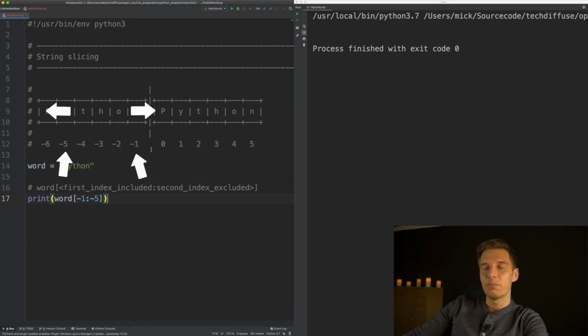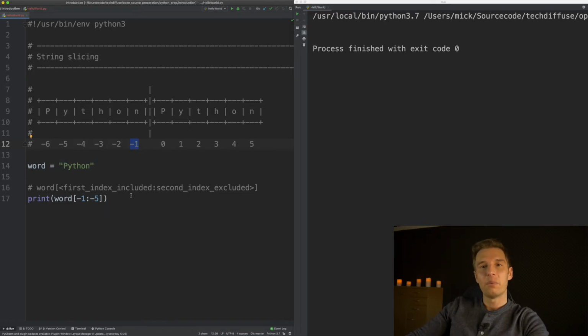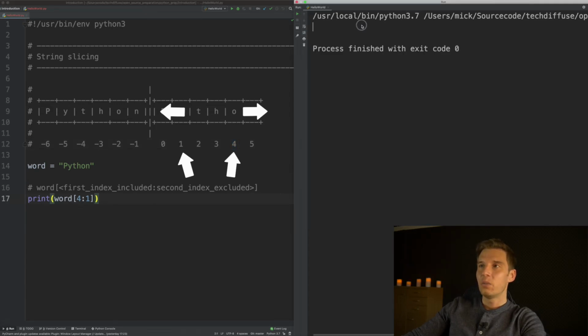And since this is not possible here, since -5 is more to the left on this line than the starting character, it doesn't make any sense. And this is also the reason why there's nothing printed out. And by the way, this is also the same with positive indices. So if we say we start by 4 and go to 1, we have the 4 here, the O, and go to 1, we print it out, and we have nothing.